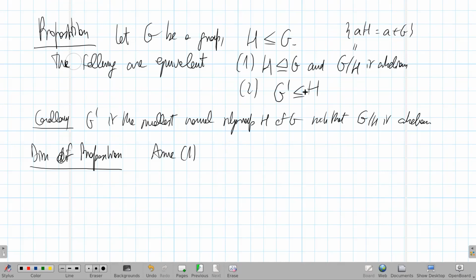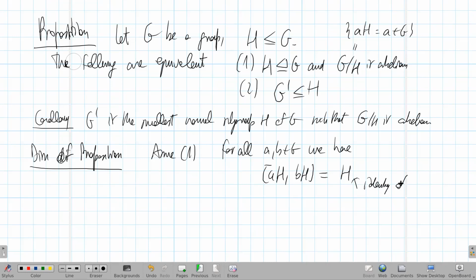So since the quotient is abelian, this means that for all a, b in G, we have that the commutator aH, bH is equal to H. It's trivial. This is the identity of the quotient group. H equals 1H, if you wish, is a coset, of course.